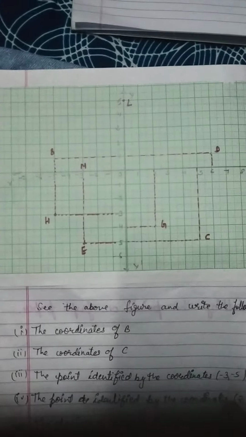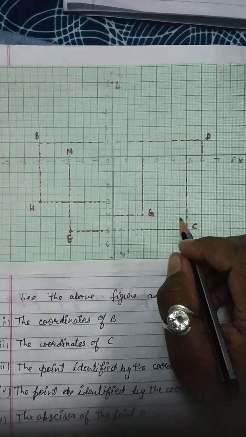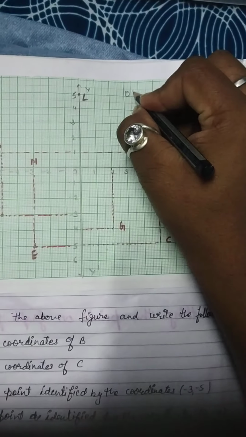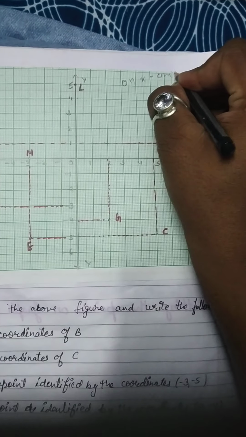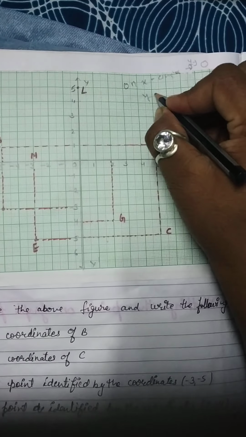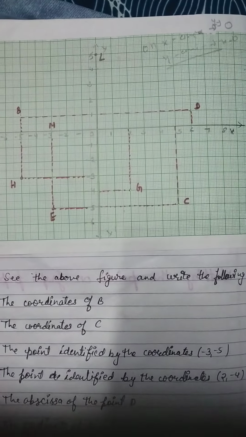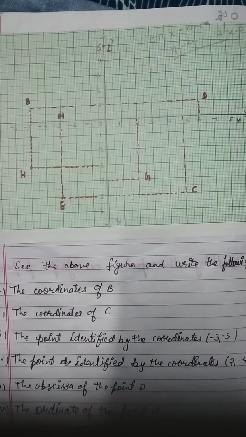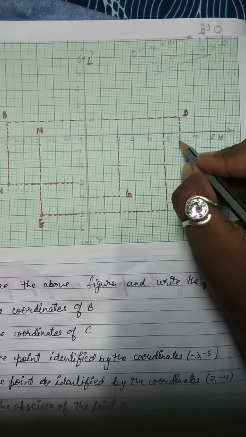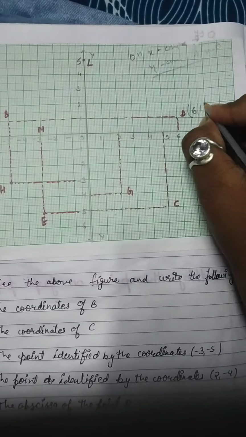Now the next question: given the plotted points on a graph, find the coordinates of the points. First of all I want to tell you one thing: on the x-axis the coordinate of y is always 0, and on the y-axis the coordinate of x is always 0. First, point D: this is 6 and this is 1, so the coordinate of point D is (6, 1).